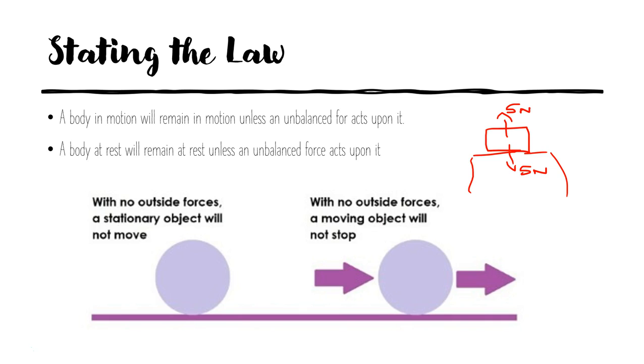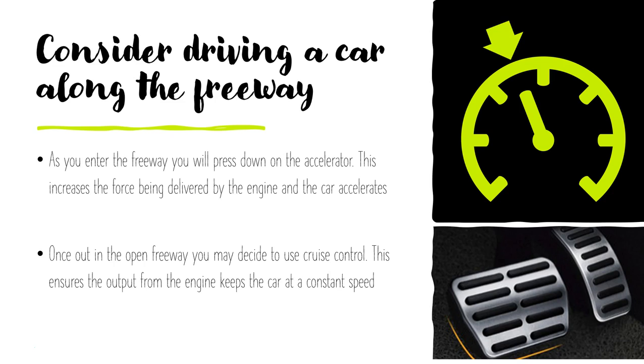Okay, and we can see this in action when we're driving cars. If we consider driving a car along the freeway, as we enter the freeway, in order to not collide with other cars, we're going to put our foot on the accelerator. What that's going to do is cause the engine to provide more power, which will increase the thrust on our car. So our driving force will increase.